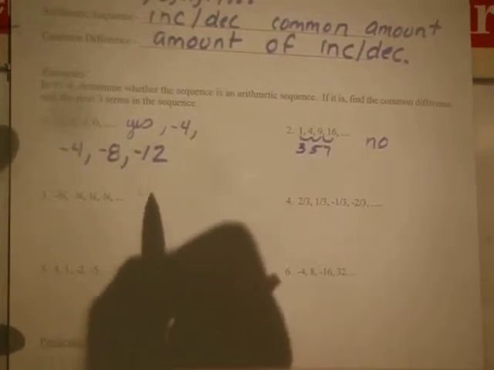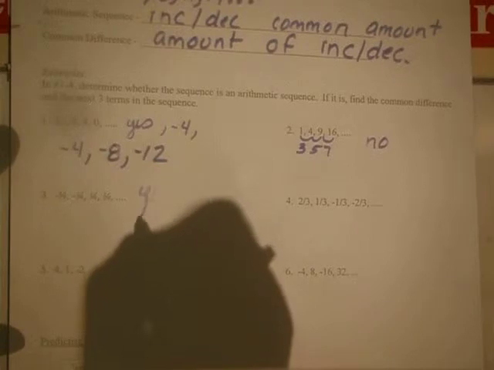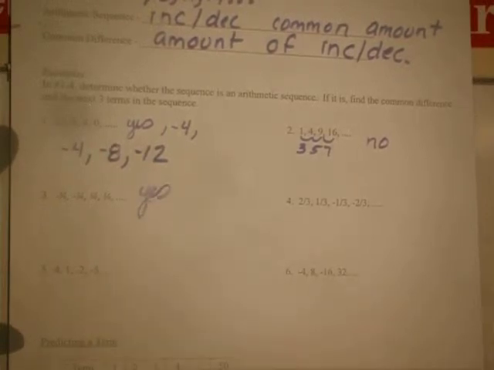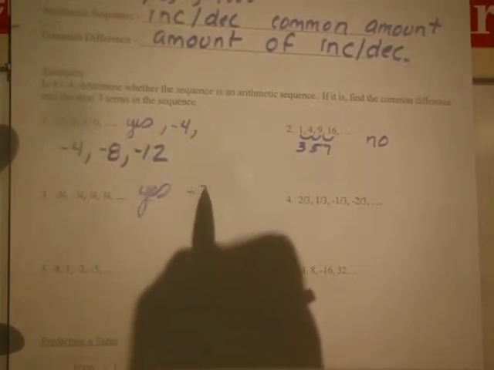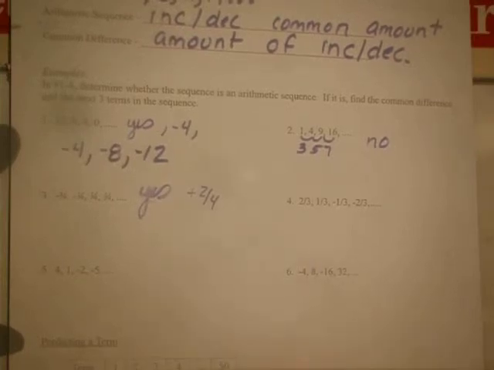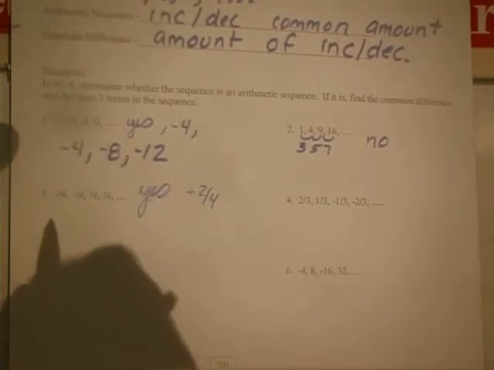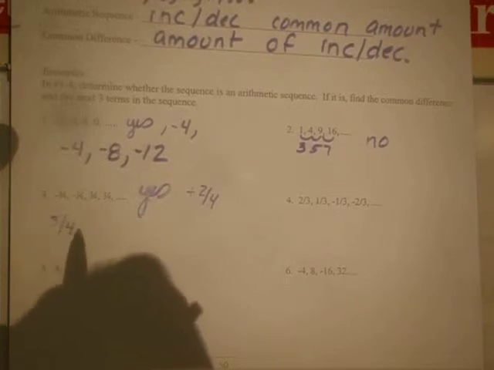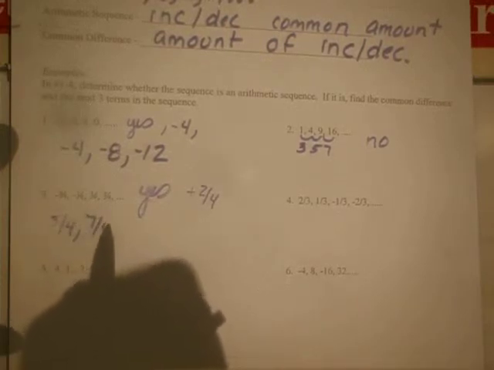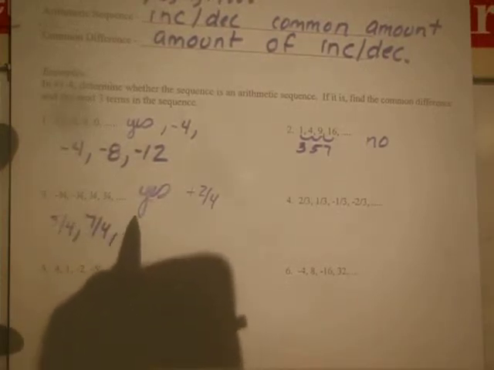So we will say yes, this is an arithmetic sequence. And we are increasing by 2/4 each time. I don't care if you want to write 2/4 or 1/2. And then the next 3 numbers in the sequence would be 5/4, 7/4, and 9/4.